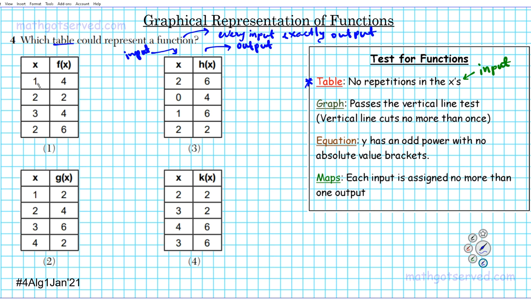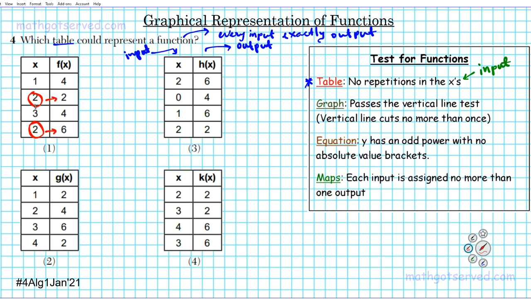All right, so let's take a look at option 1. All right, do you notice any repetitions in the x's? So 1, 2, 3, 2. Oh, so 2 is repeated. What does that mean now that we have a repetition in the inputs? You have 2 going to 2 and 2 going to 6.